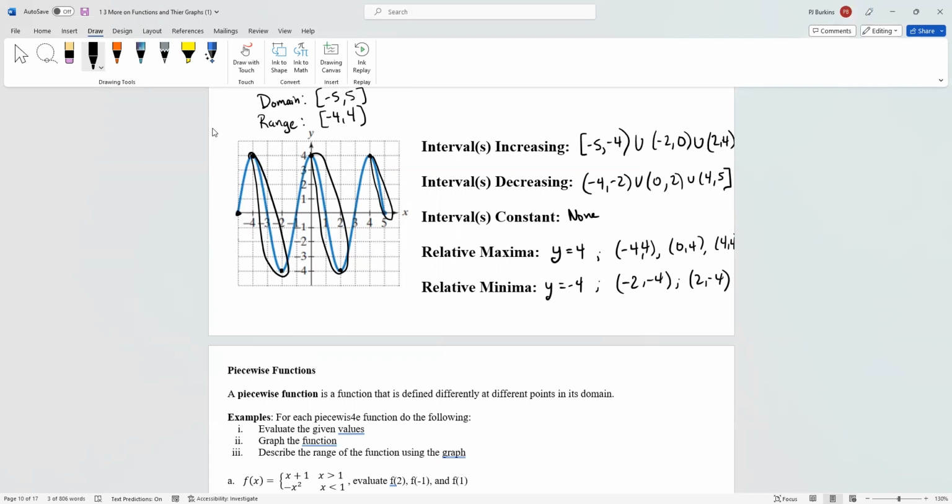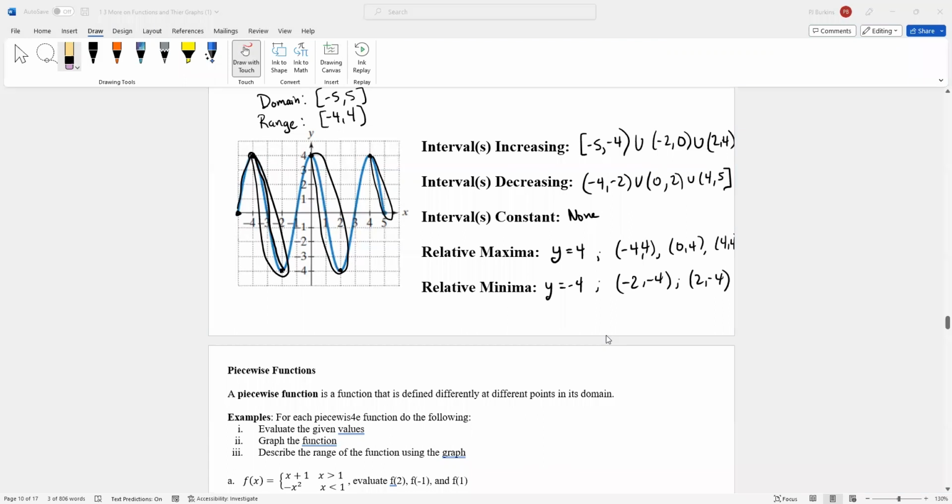So we terminate there. So again, you should see we're increasing from -5 to -4. It's right here. Then it's decreasing after we hit the maximum from -4 down to -2, right? And you can keep following the graph that way.